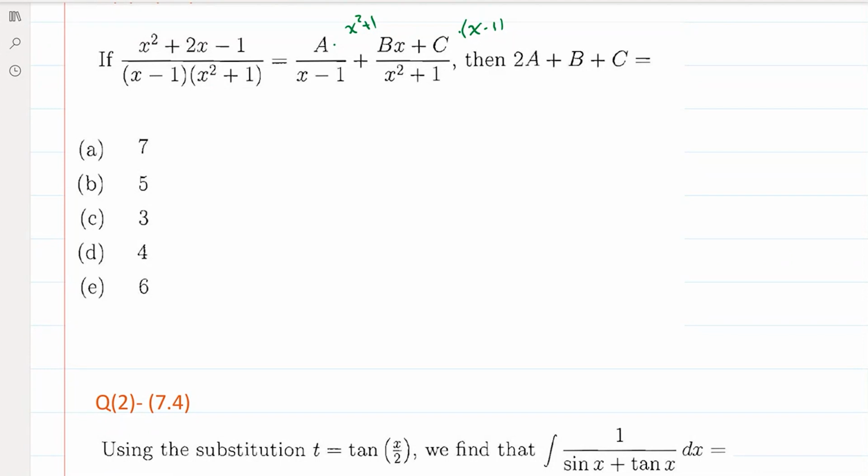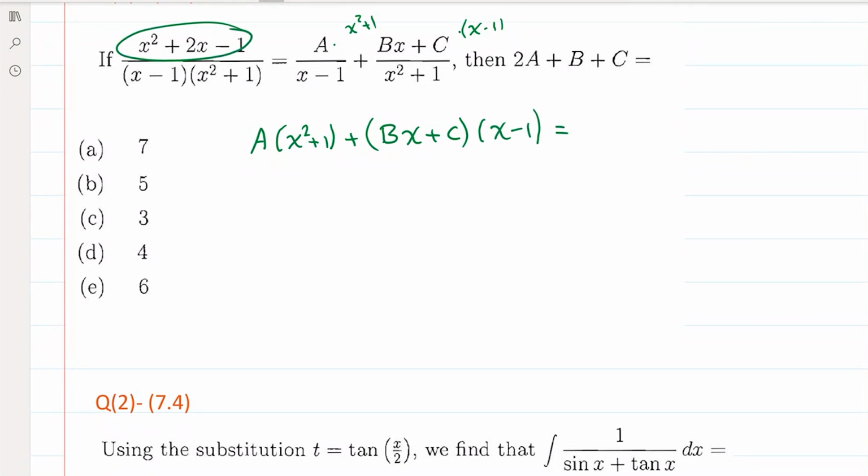So then equate numerator with numerator. So in general, يا شباب, a multiplied by x squared plus 1, plus the other numerator, which is bx plus c, multiplied by x minus 1, will be this numerator.